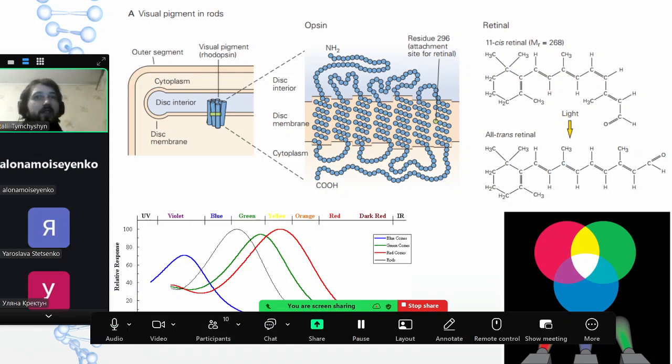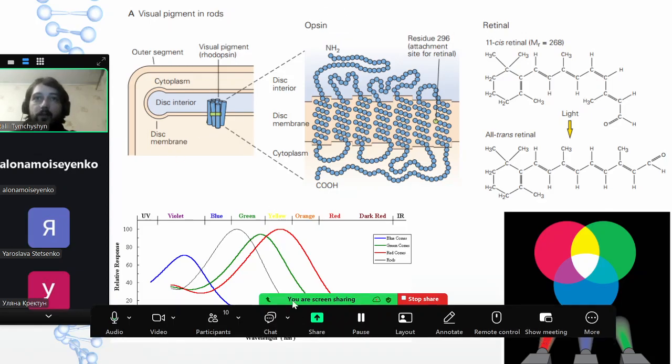So it begs the question: why, with the same molecule and the same light, what's different? And the answer is that the opsins are different. These are the proteins that the retinal is connected to.